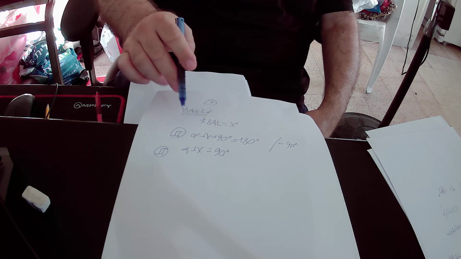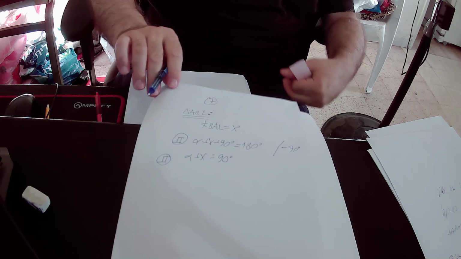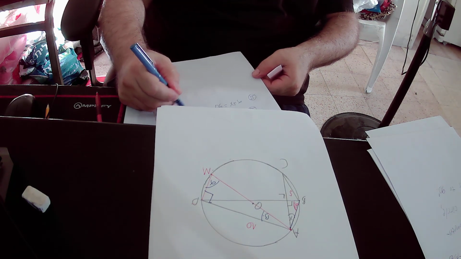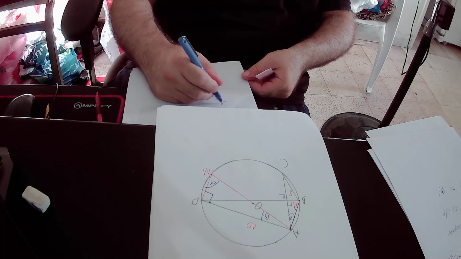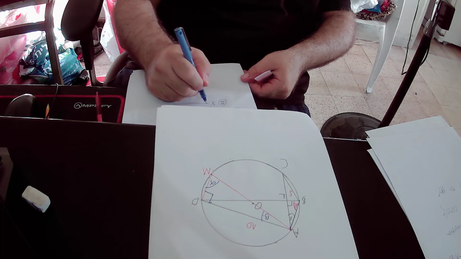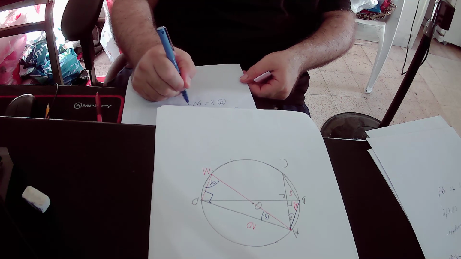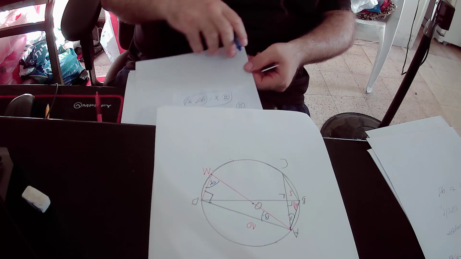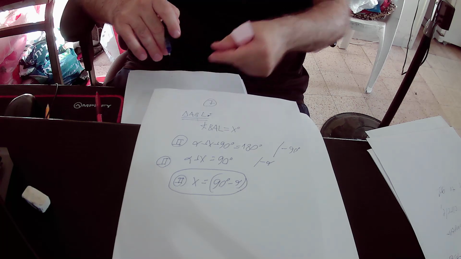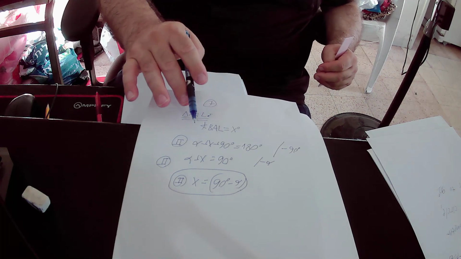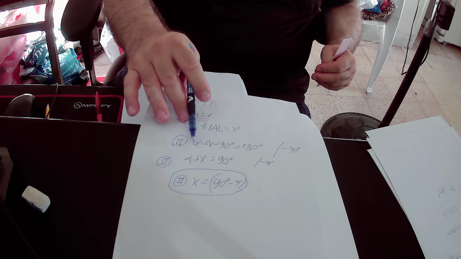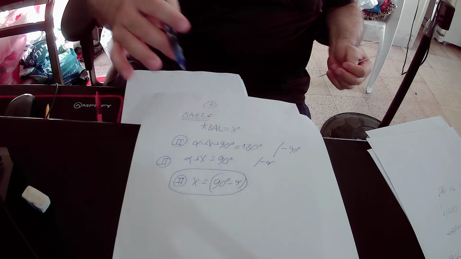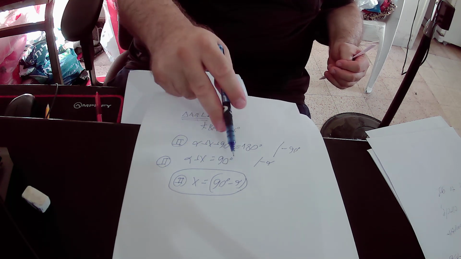Now we will subtract alpha from equation number 2. So we subtracted alpha from equation number 2. X plus alpha minus alpha equals X. 90 degrees minus alpha equals 90 degrees minus alpha. So X equals 90 degrees minus alpha.